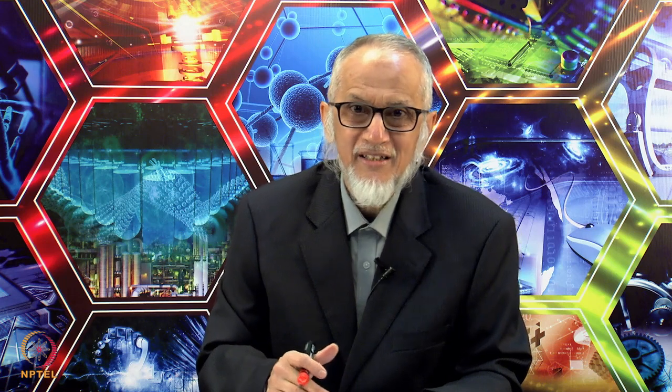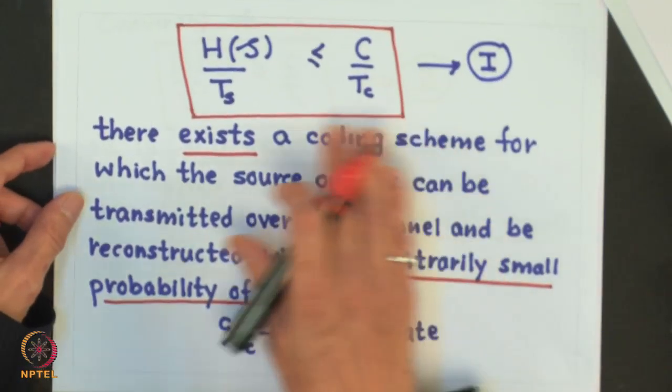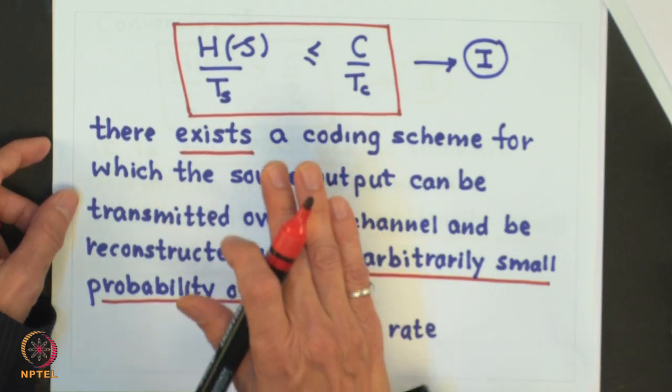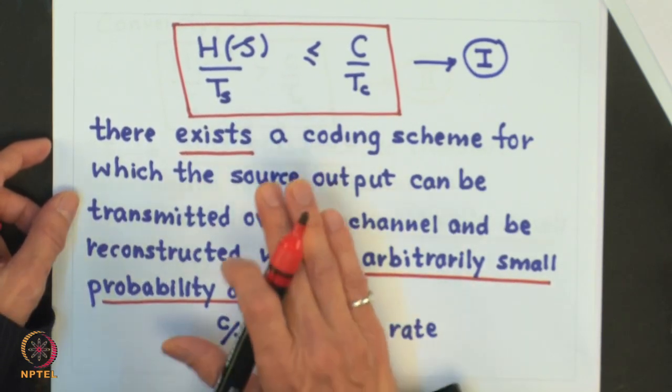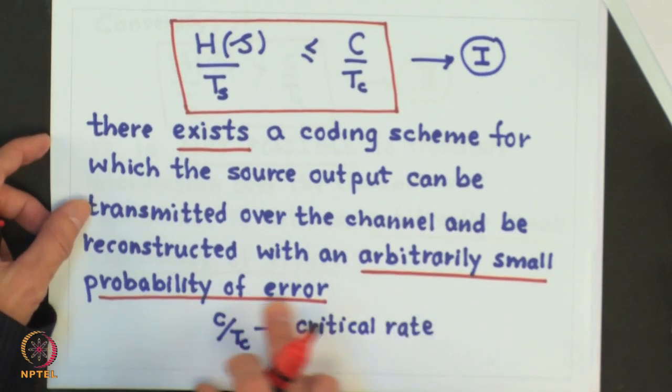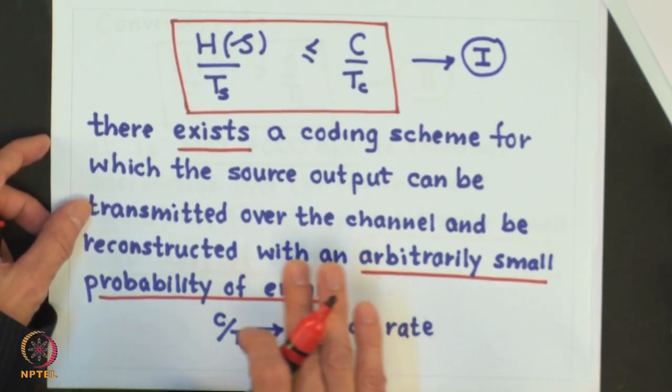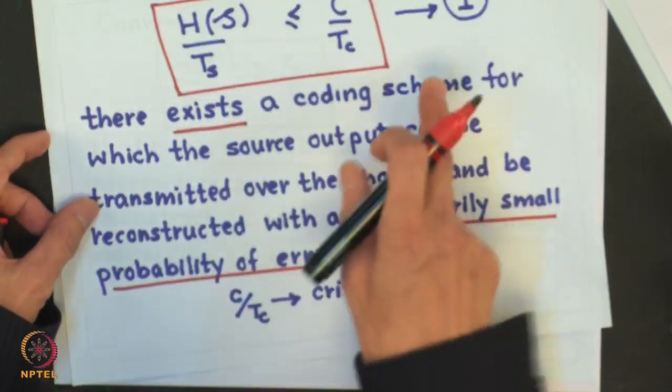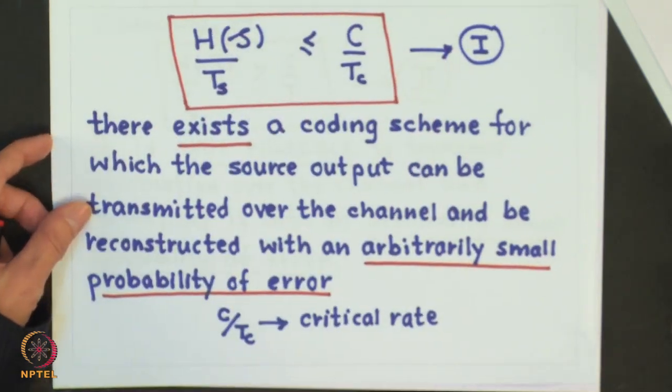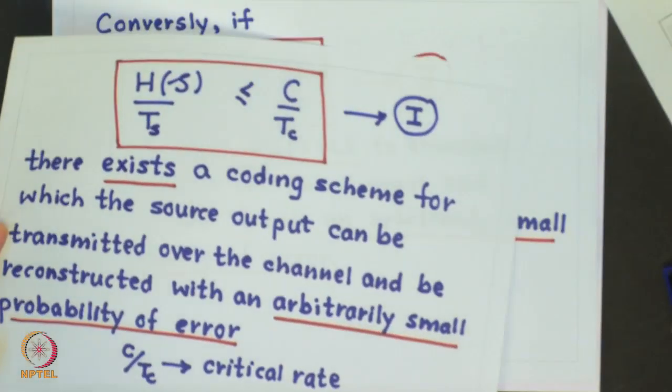It is only an existence proof. It only says there exists a coding scheme, but how to construct a good code satisfying our constraint is not known. Okay? And the second is that the theorem does not have a precise result for the probability of symbol error after decoding the channel output. It only tells us that the probability of error tends to 0 as the code length increases, again provided condition 1 is satisfied. Okay? So, it is important to note this.